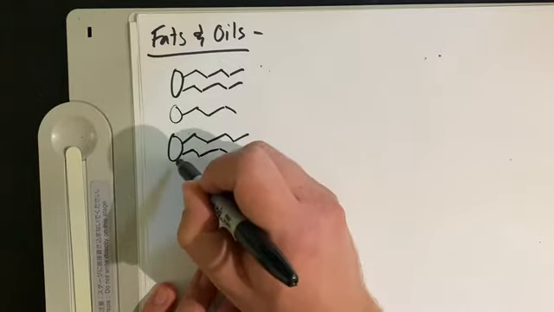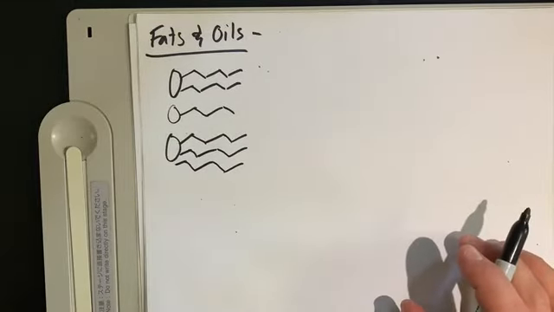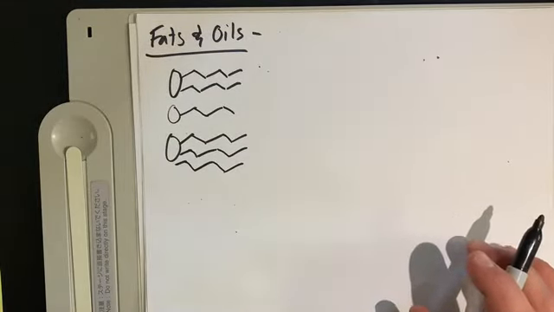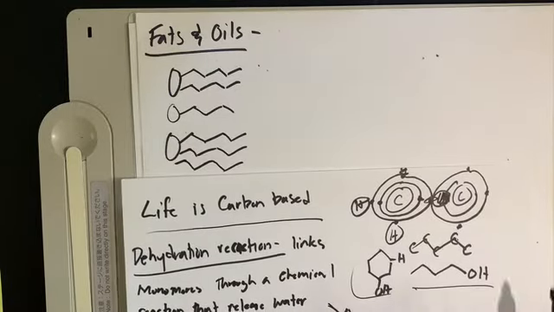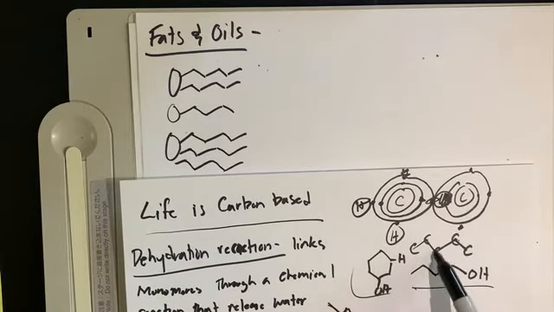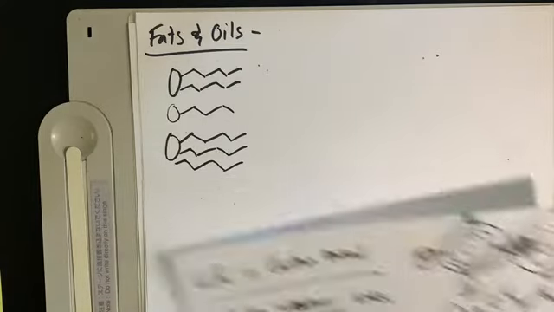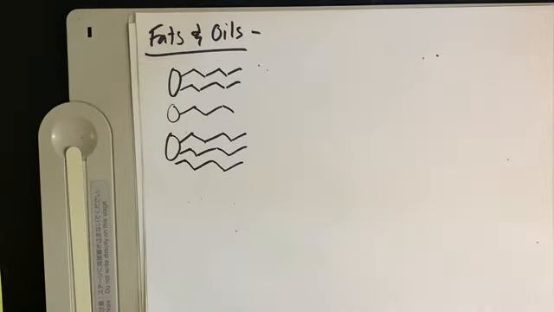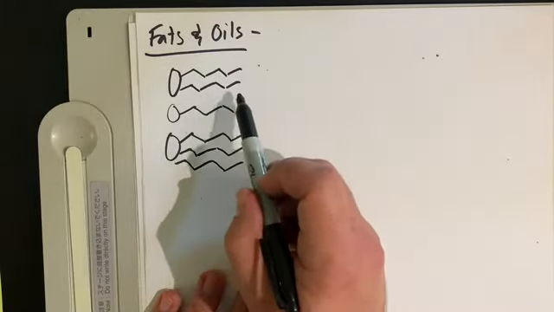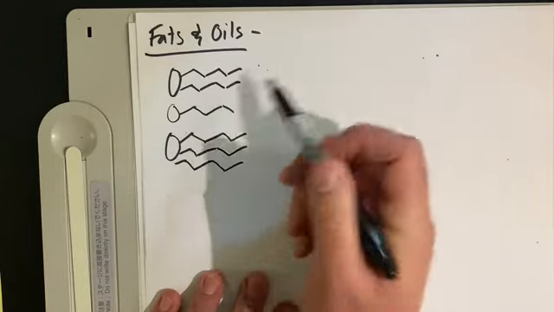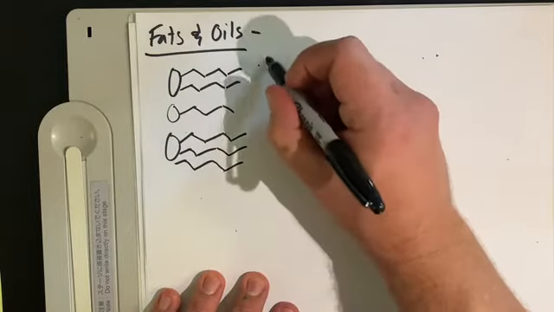And these tails, just like when we first were talking about all our different ways we draw carbon, are made up of a bunch of carbon and hydrogen. And they call them fatty acid tails. And the interesting thing about these tails is they make these things what we call hydrophobic.